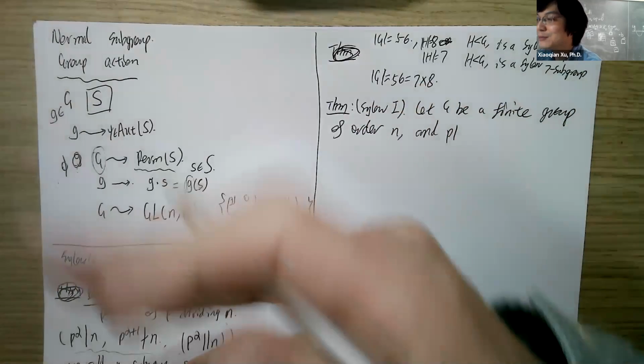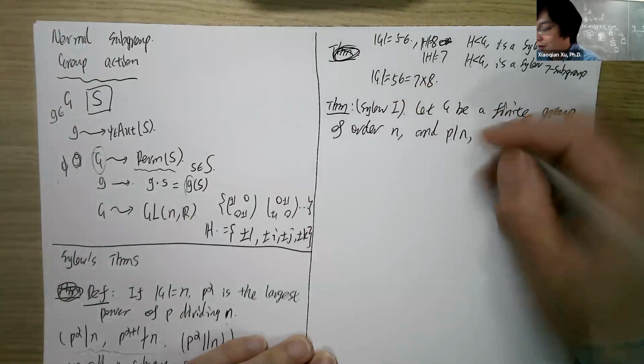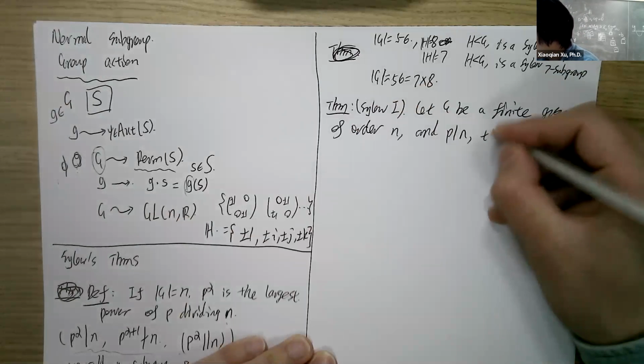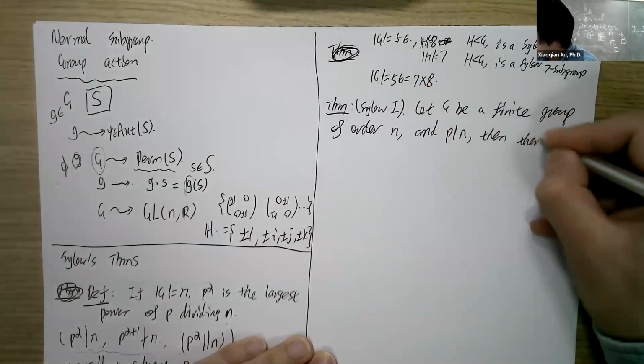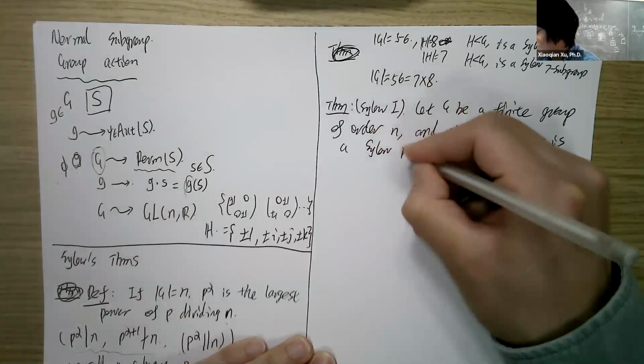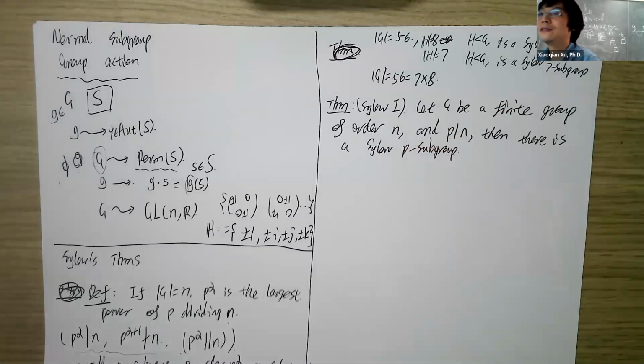So if p is a factor of n, then there is a Sylow p subgroup. So at least for the greatest power, you do have a subgroup that has order p to the alpha.